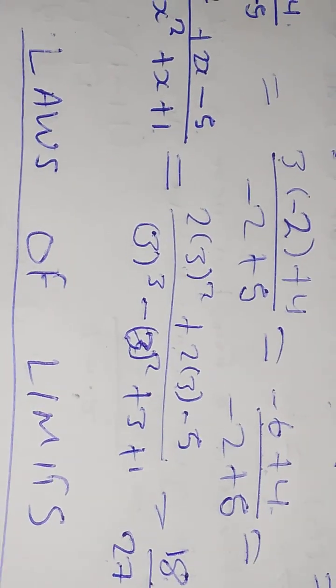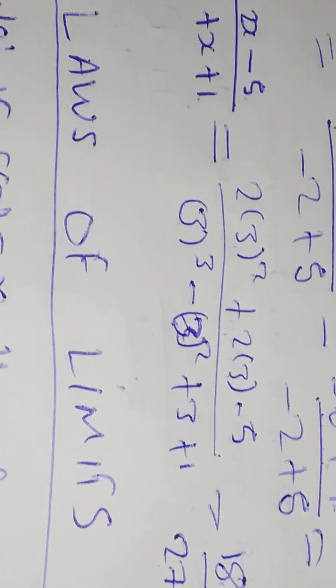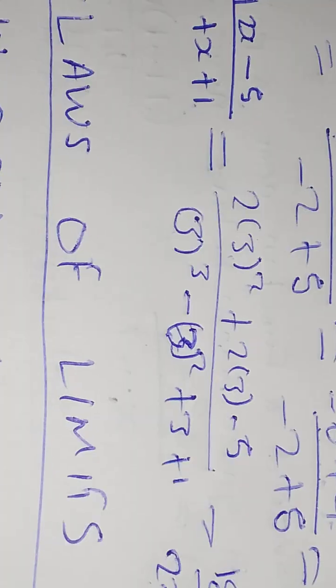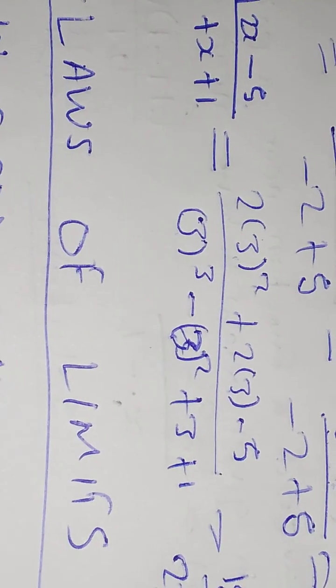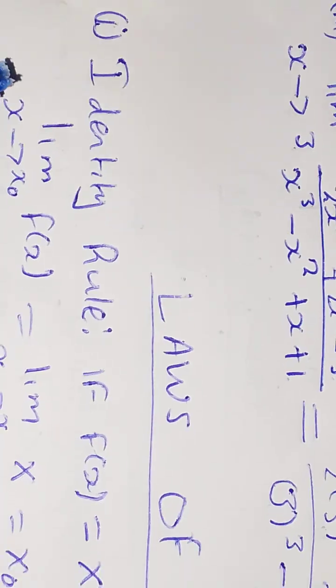Now let's look at the laws of limits. Like any other topic, limits have laws, so let's go to our first law. Our first law is the identity rule.